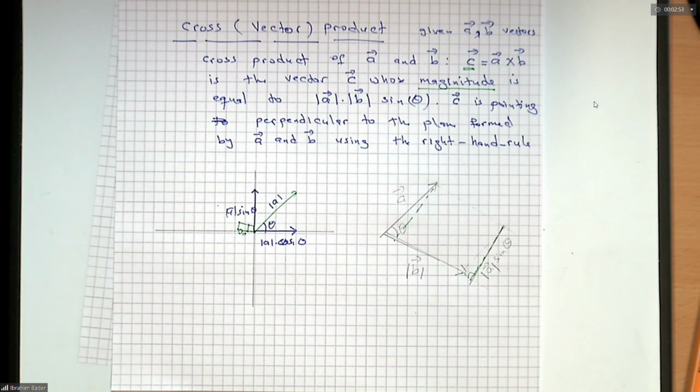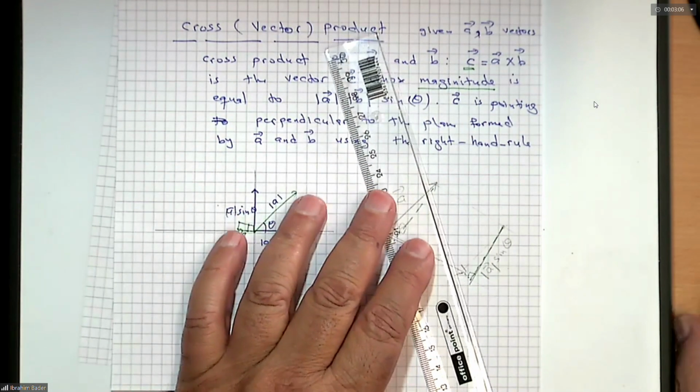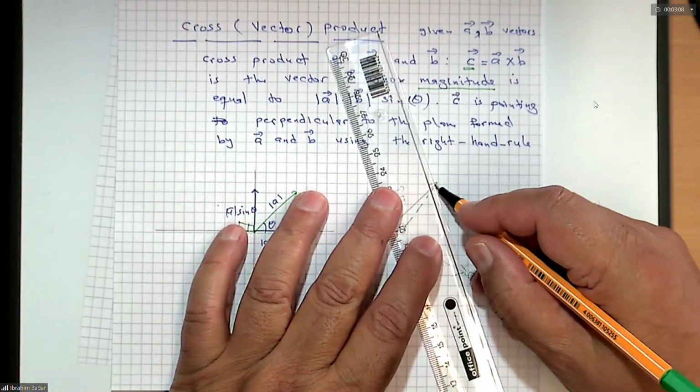If I'm asking you for the area of this triangle, what is it? Half A B sine C. Obviously it's half.